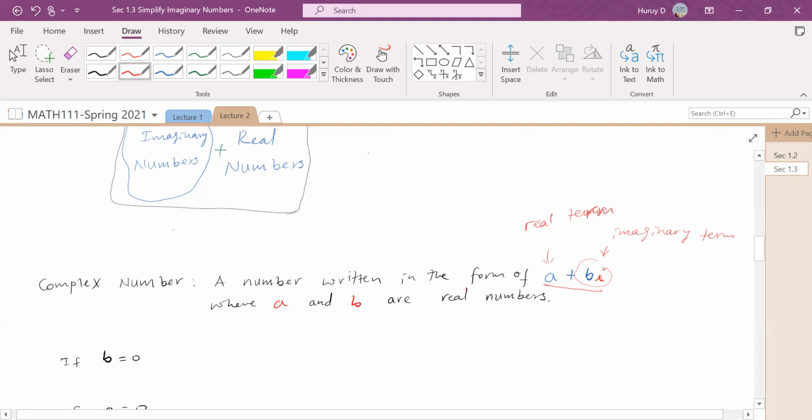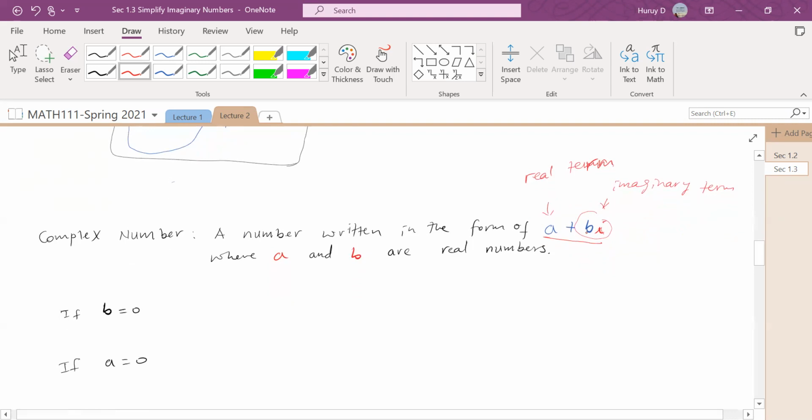Okay. So a complex number is a combination of a real number and an imaginary number. Now, what happens if b is 0? Because 0 is a real number, right? So if I replace b by 0, then I will have 0 times i, which is 0. And we have a plus 0, which is a. And a is a real number. Therefore, if b is 0, then a plus bi is just a, which is a real number.